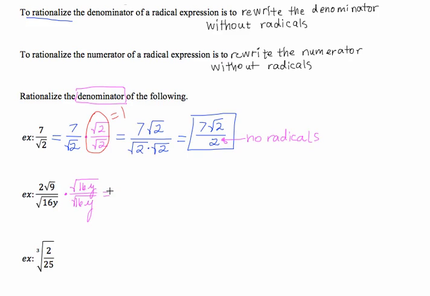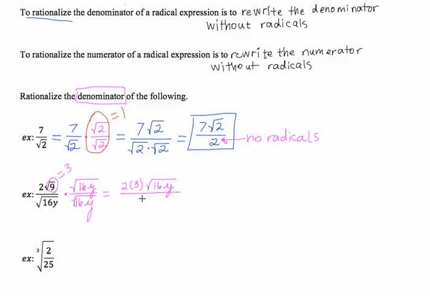In the numerator, we have 2 times the square root of 9. Well, the square root of 9 is equal to 3, so let's just write it as 3, and then times the square root of 16y. In the denominator, we have radical 16y times radical 16y.